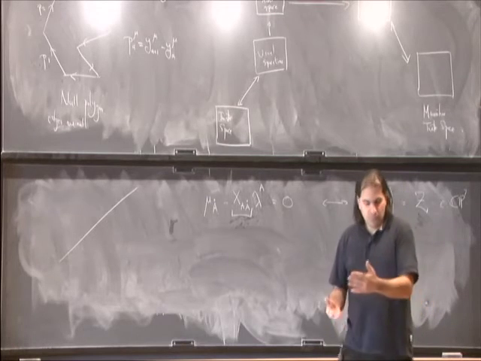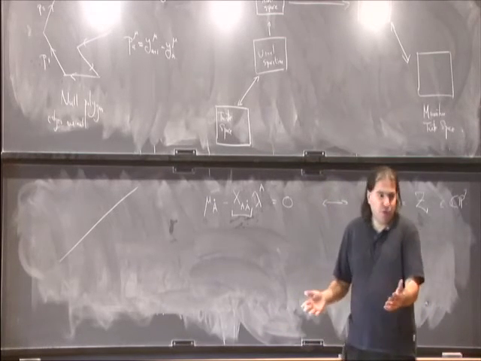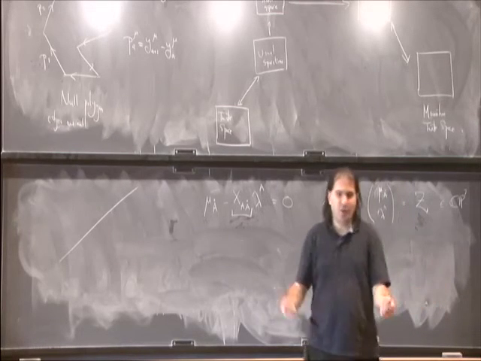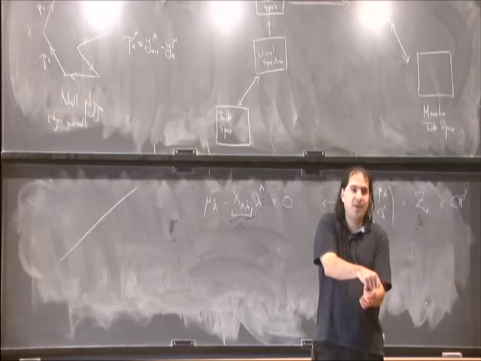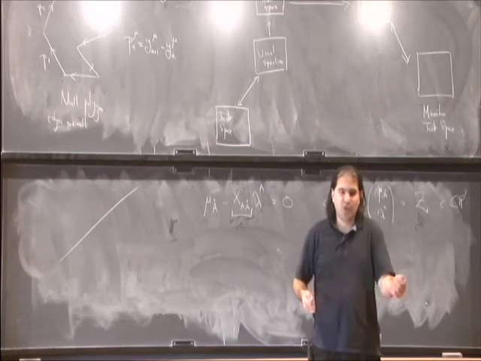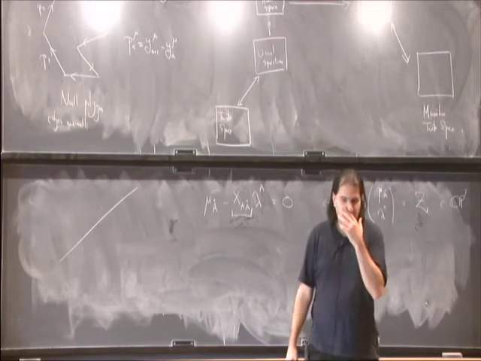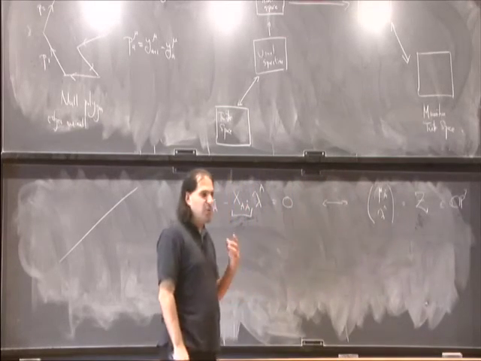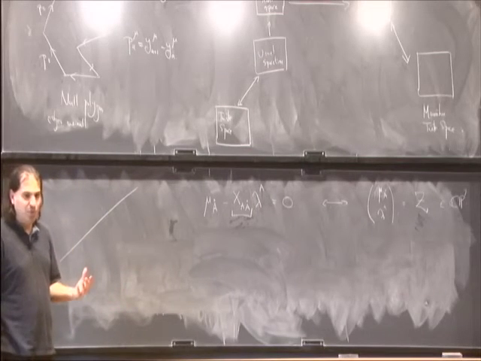So they're not treated on an equal footing. For example, inversions are very nonlinear, right? x goes to x over x squared is a very nonlinear transformation, whereas Lorentz transformations and rotations are treated linearly. So it's a nice idea to treat all the symmetries on an equal footing and to linearize all of them as much as you possibly can.